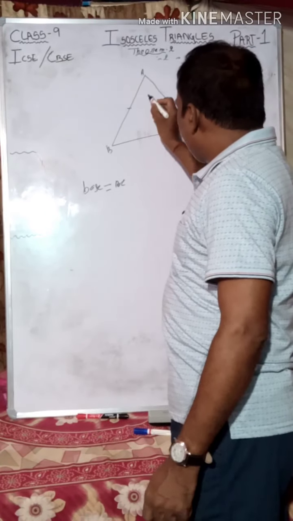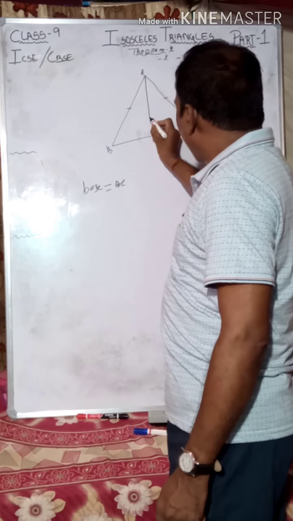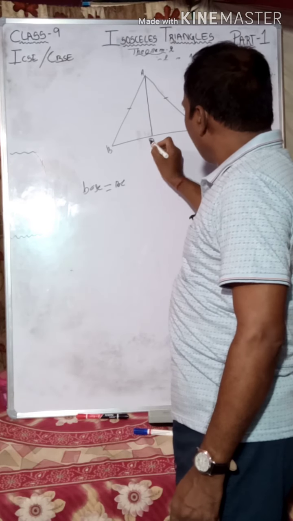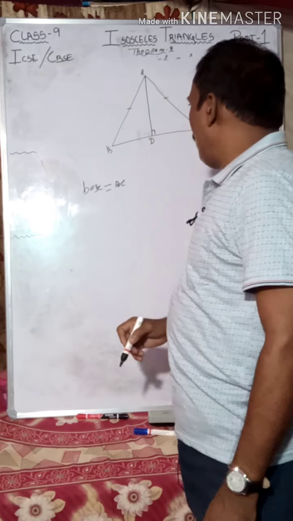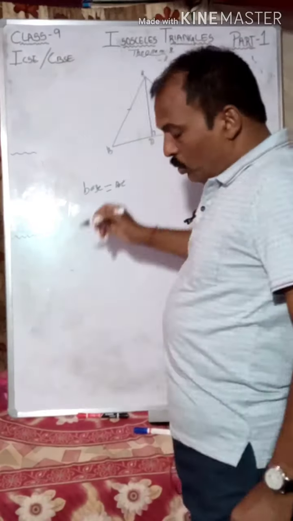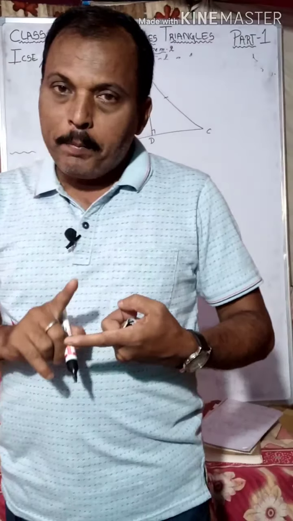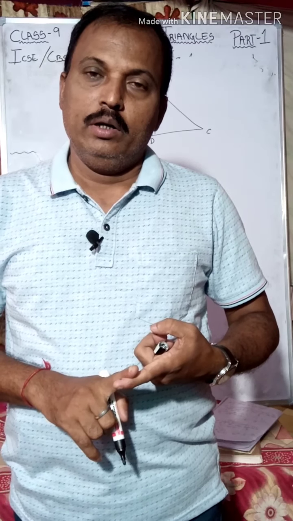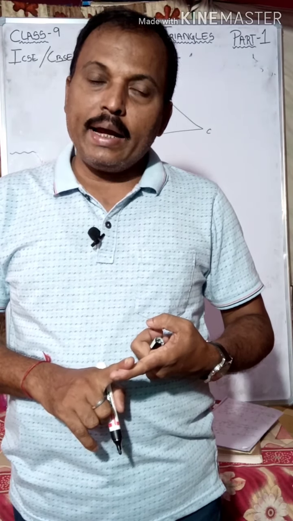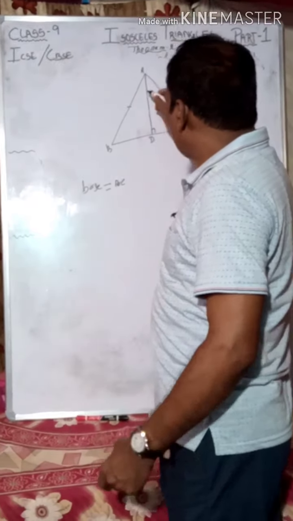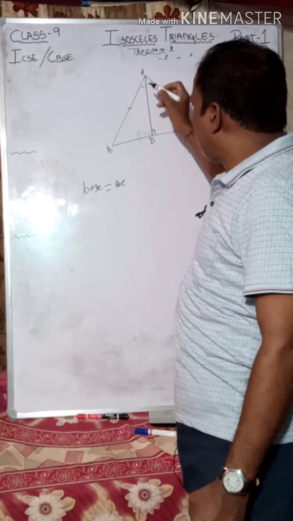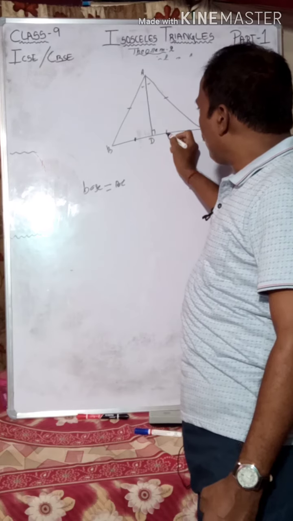So if this is the base, this is the perpendicular. So we know in an isosceles triangle, the perpendicular is the angle bisector, because we just proved this angle is equal to this angle, as this side is equal to this side.